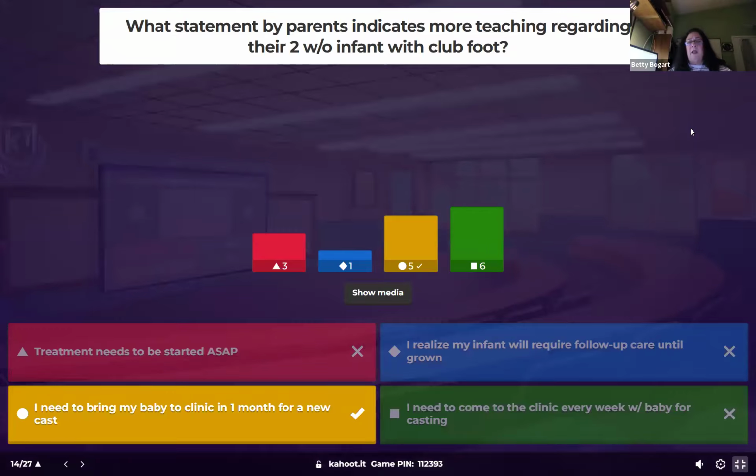So remember, with club feet, you have to do it as quickly as you possibly can, get it on. Know that every week you have to change that cast because they heal bones in 3 weeks as a neonate. And again, as they get older, they're going to have follow up with the orthopedist or podiatrist because they want to keep their feet straight.